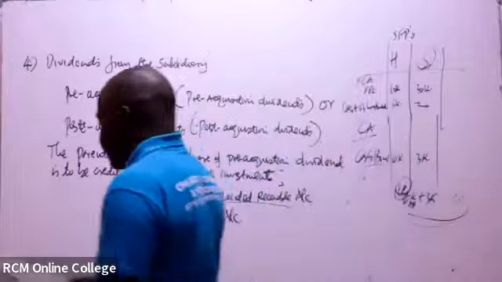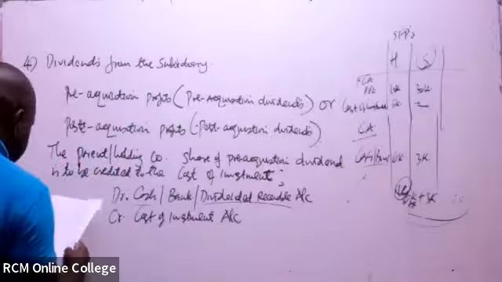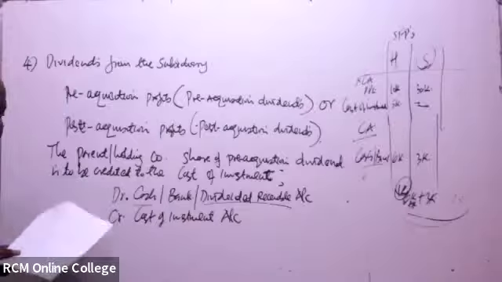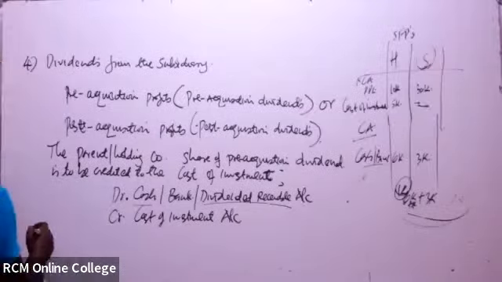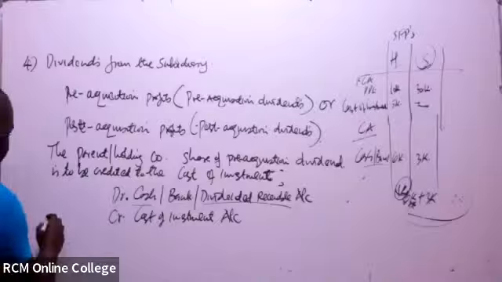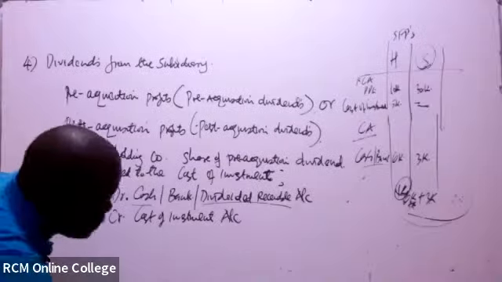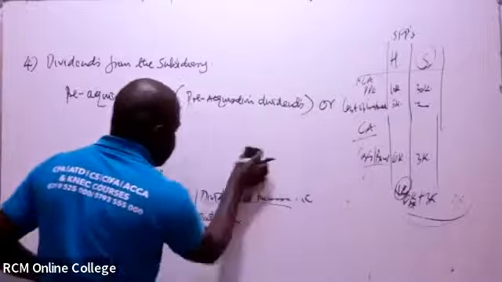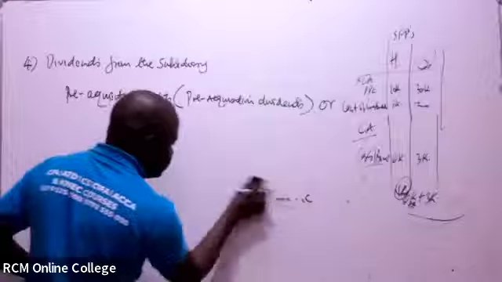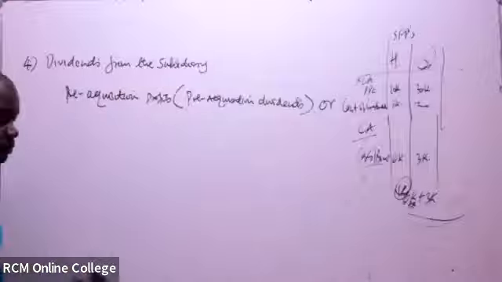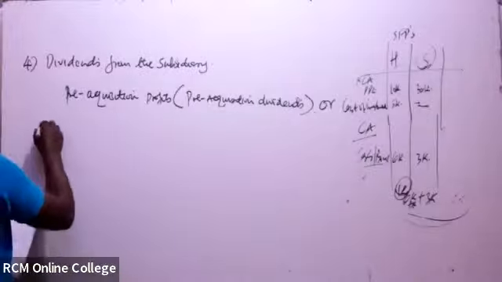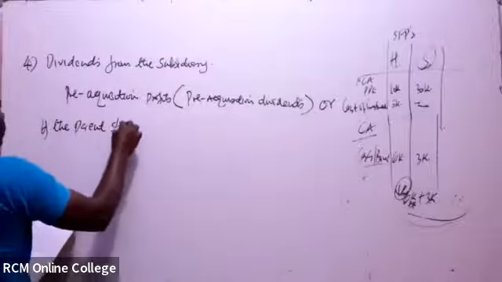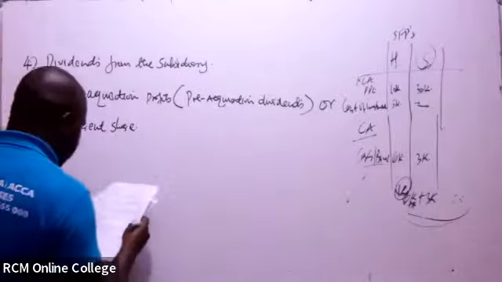Then we can have in this case, if still the same case, if the parent share of post-acquisition dividend is a return on investment, is an investment income, you can write and say, if the parent share of post-acquisition dividend.